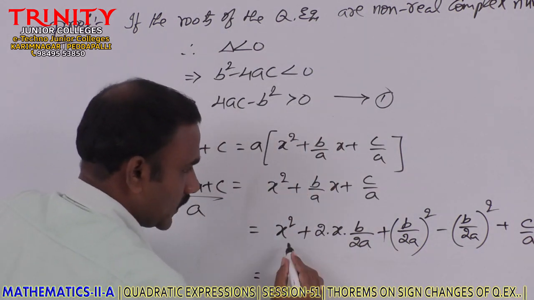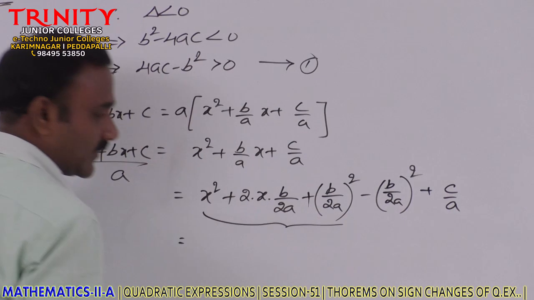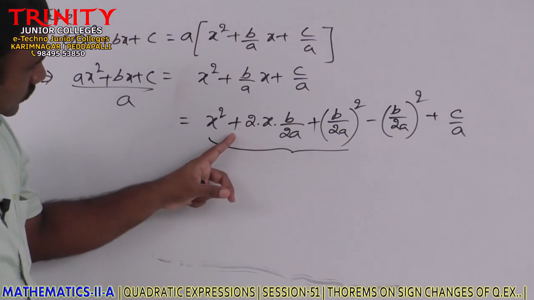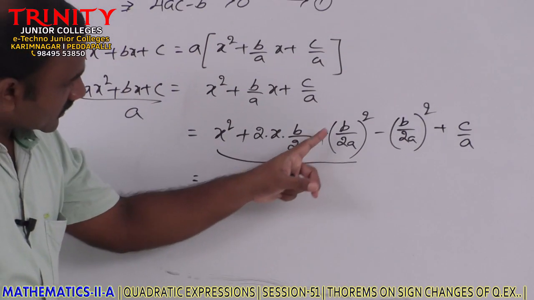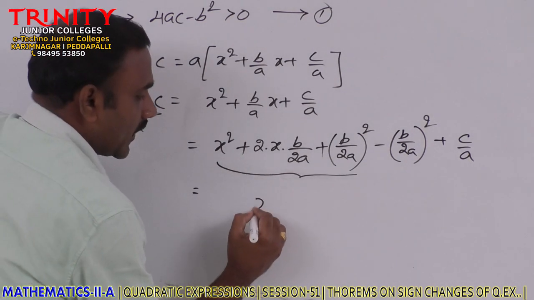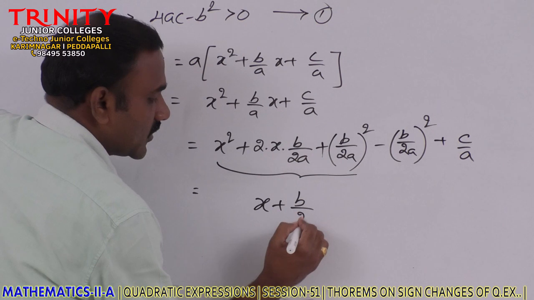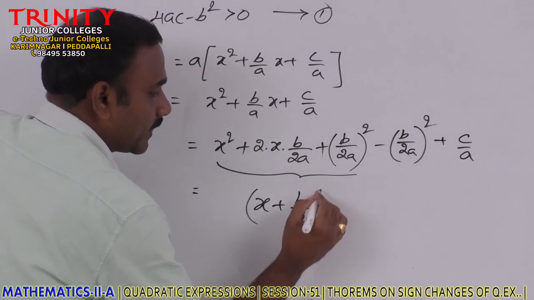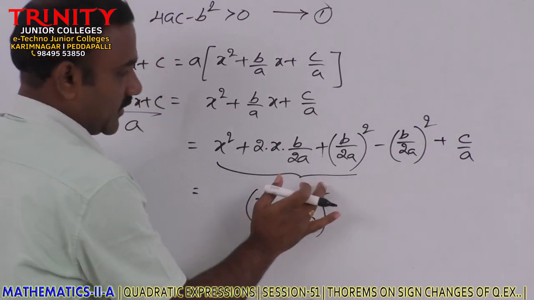Now from this part we can write x square plus 2x into b by 2a plus b by 2a whole square as x plus b by 2a whole square.